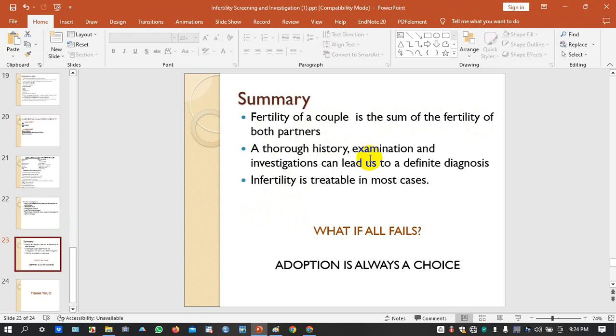A thorough history, examination, and investigations can lead us to a definite diagnosis, like what we did in the lecture. Infertility is treatable in most cases, but if you treat infertility and it's not able to be treated, then you go for adoption. Go to the orphanage home and beg them to give you a baby so that you can take off.